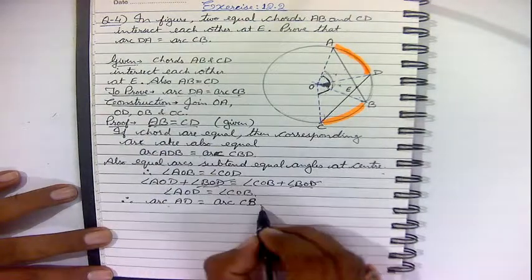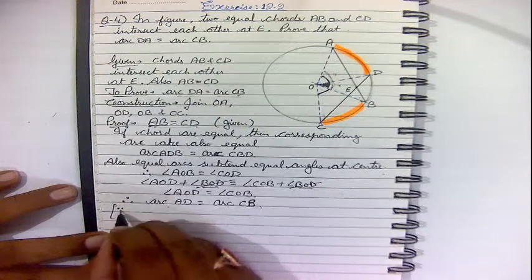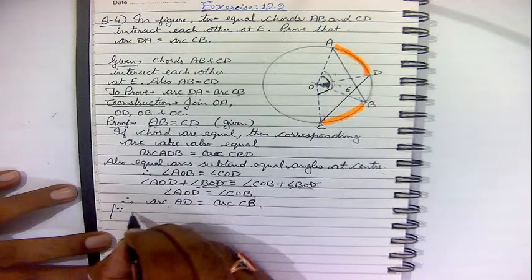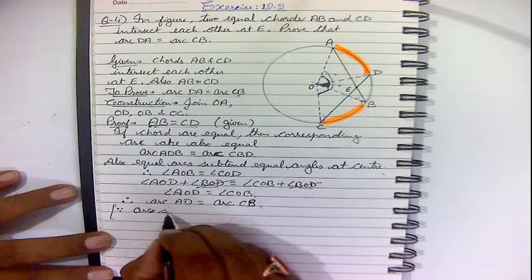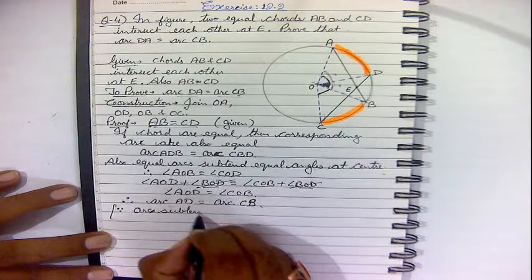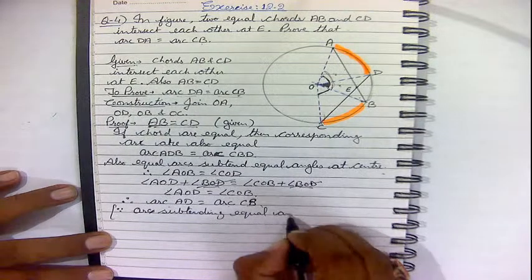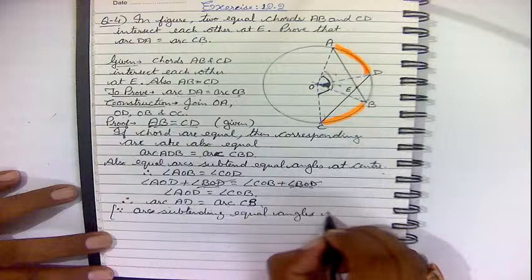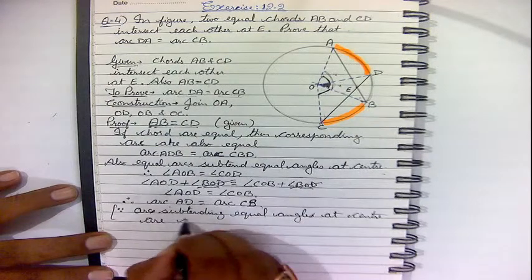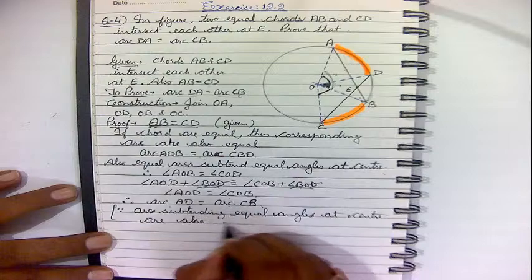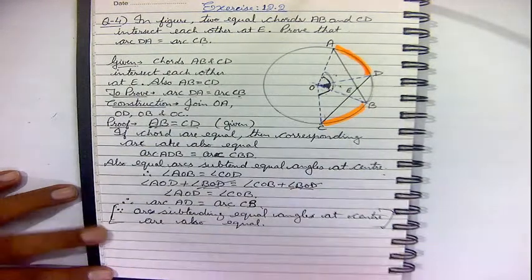So arc AD and arc CB, they are equal because arcs subtending equal angles at center are also equal. So this is one part.